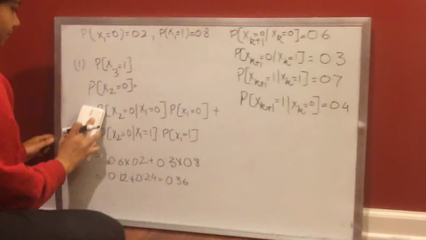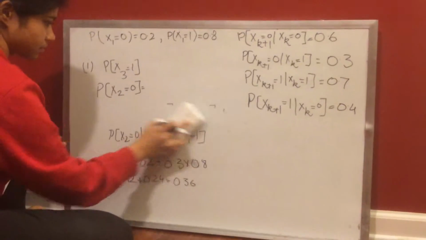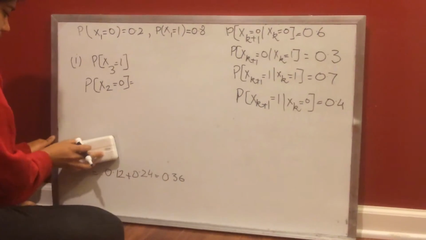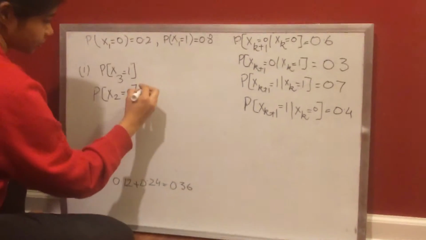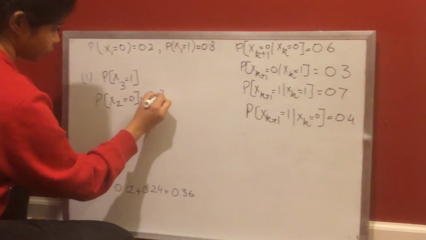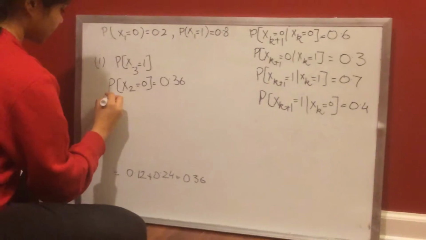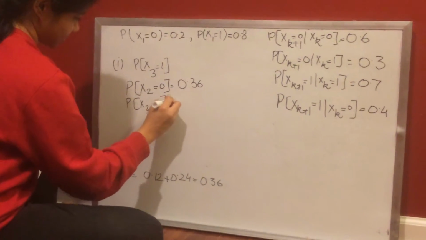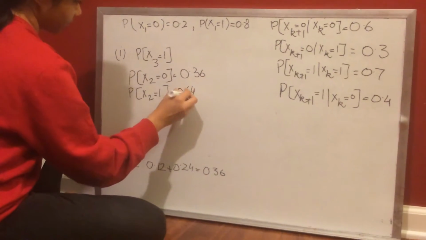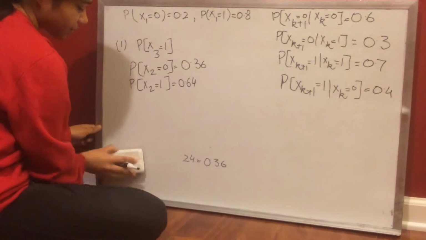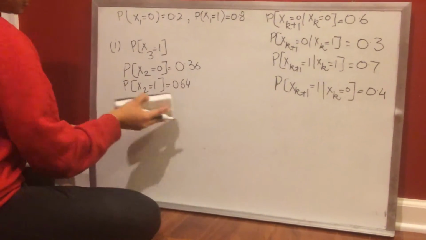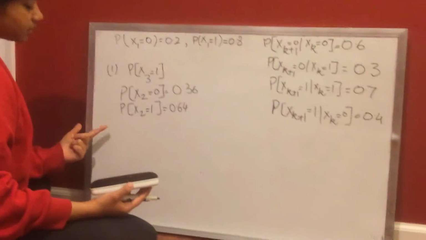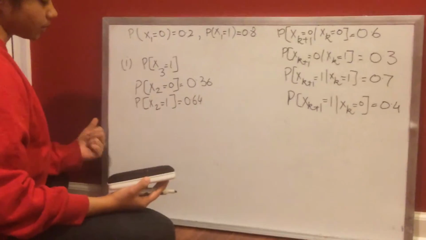So we know that probability of x2 equals 0 is 0.36 and probability of x2 equals 1 is 0.64. We can also find the probability of x2 equals 0 by subtracting the probability of x2 equals 1 from 1.